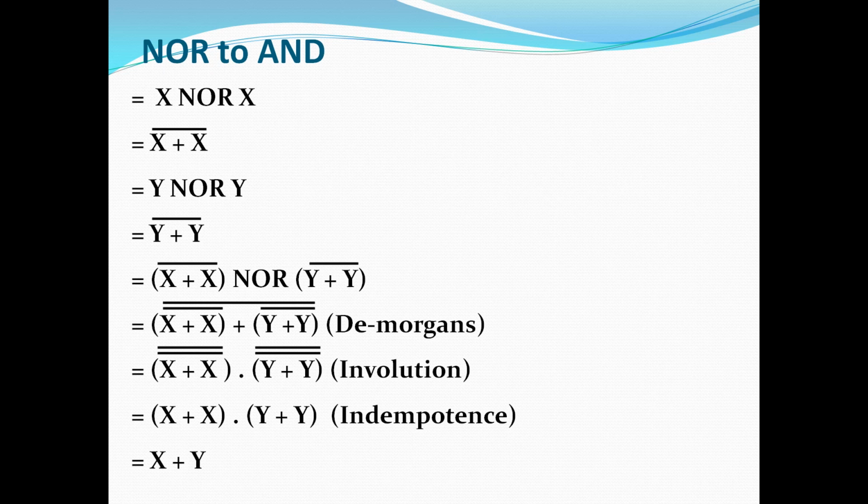Then the third gate takes one input from the first NOR gate and the second input from the second NOR gate. So it will be (x plus x)' NOR (y plus y)'.